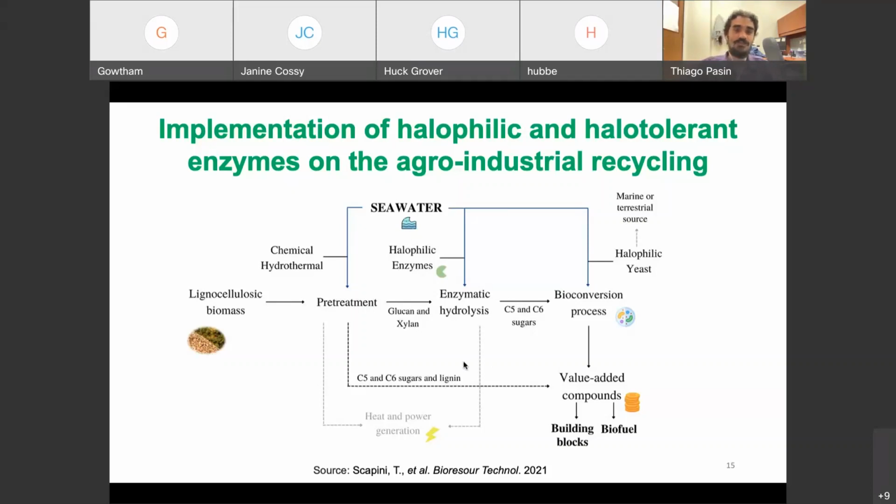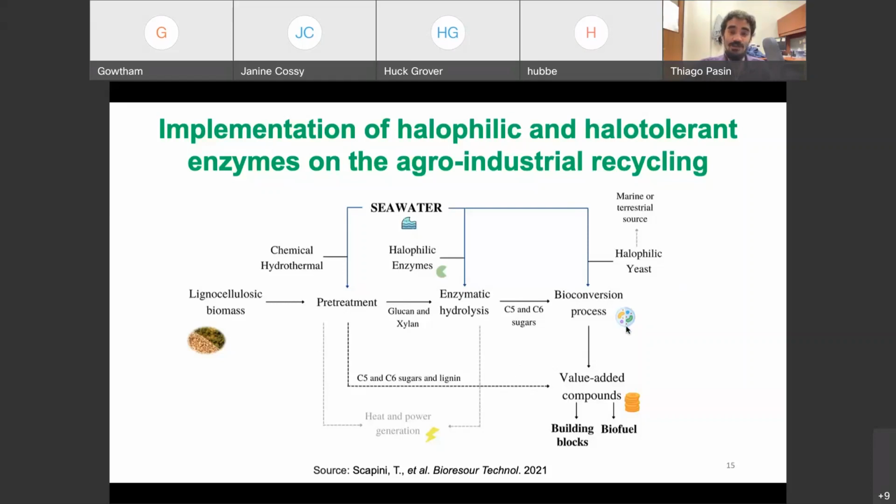residues generated from the food processing and food production. And then we will be recycling these agroindustrial residues to more value-added compounds, such as building blocks or biofuels. And also, we are not using potable water to do this hydrolysis. We are using seawater, so we are saving water.